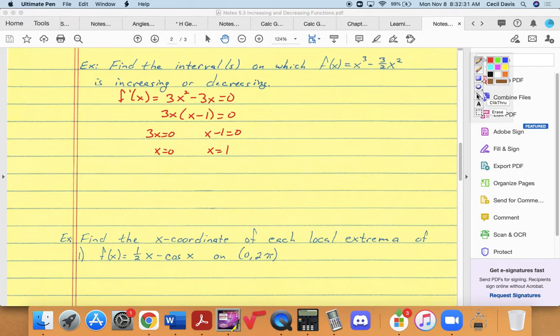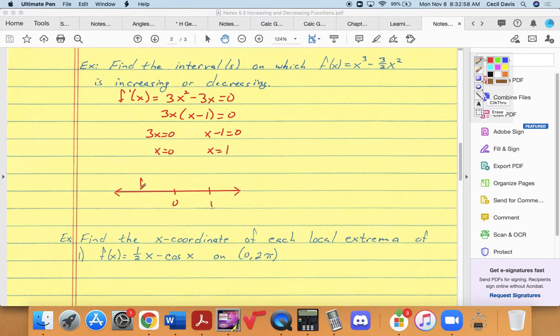That is going to partition a number line into 3 segments, or 3 parts. I guess 2 of them are rays, but you get the idea. At 0 and at 1. And again, in this case, this is pretty clearly an upward-facing parabola, right?